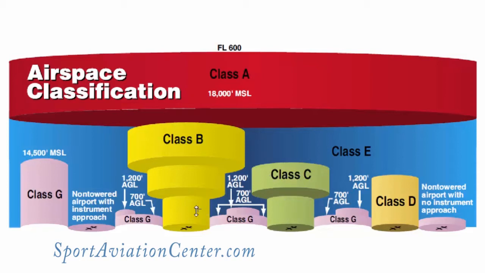And class Bravo, which is for your biggest airports, such as LA International, where you've got a number of different layers for airplanes to come in and stay within that airspace to come down to landing here. So this is your basics for your class Delta, class Charlie, class Bravo, towered airspaces.